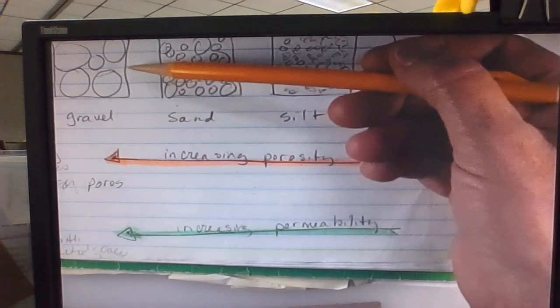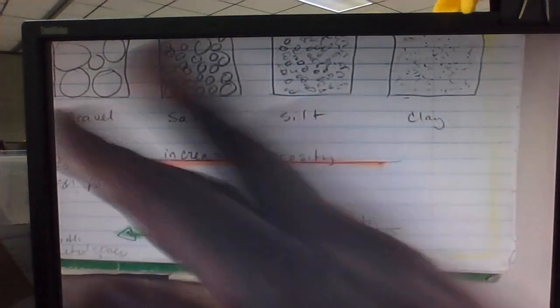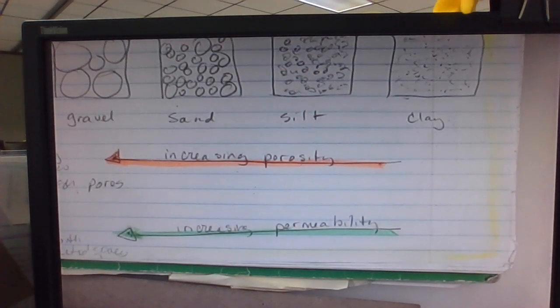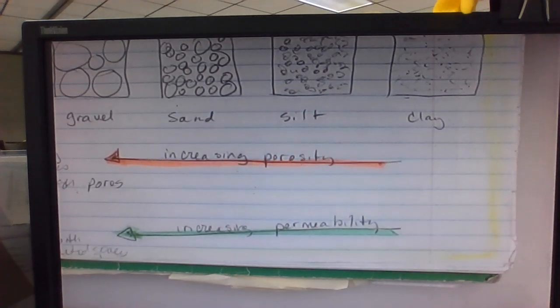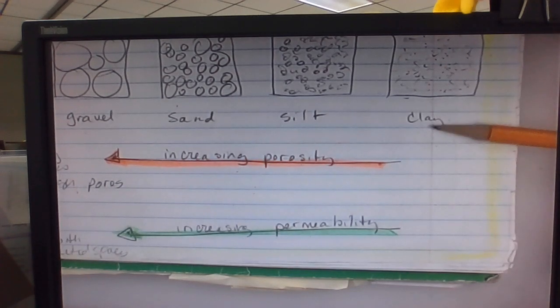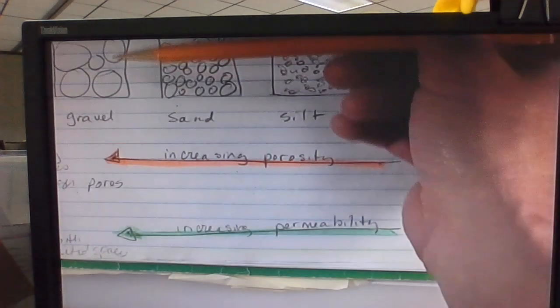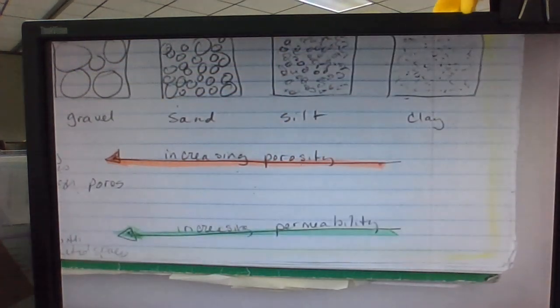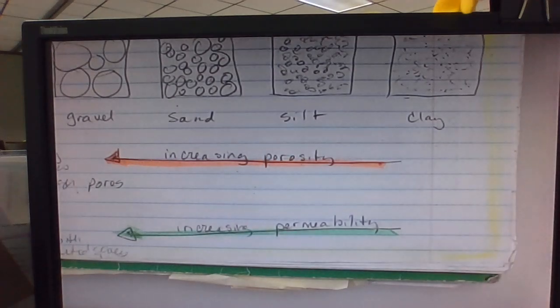However, if you had some substrate that trickled in between there, that would limit your permeability for that rock sample or soil sample. Because clay has so little permeability and porosity, if you had clay filter through your gravel sample, that would decrease its permeability. It would decrease its porosity.